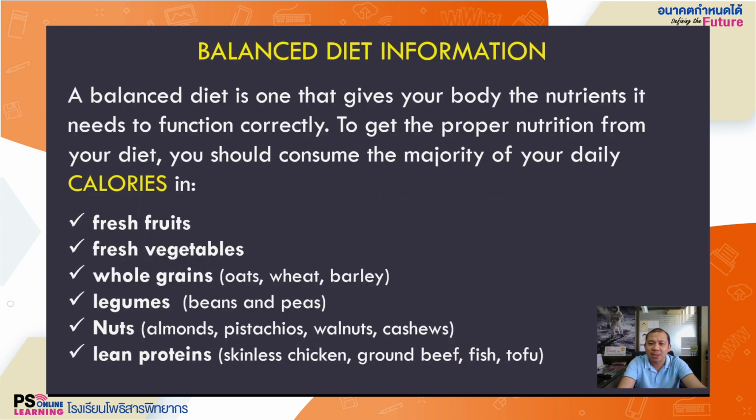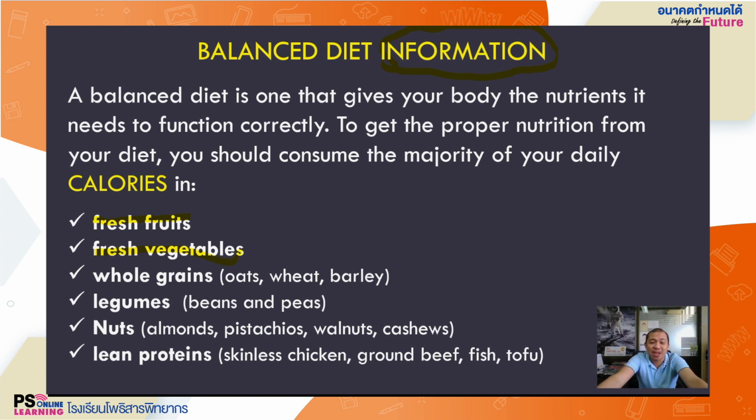Let's proceed. Here is one example of information: balanced diet information. A balanced diet is one that gives your body the nutrients it needs to function correctly. To get the proper nutrition from your diet, you should consume the majority of your daily calories in fresh fruits, fresh vegetables, I know you eat your vegetables.